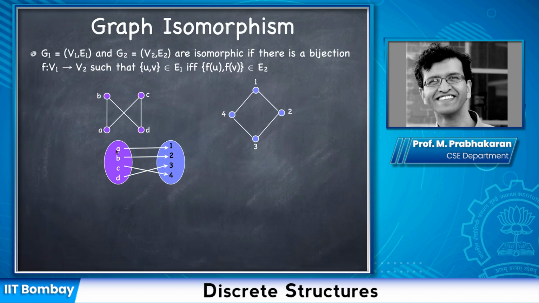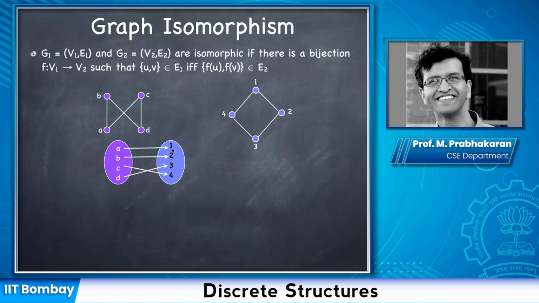So here there is an edge AB. Under the relabeling, it is 1, 2, and indeed there is an edge 1, 2. Similarly, AC becomes 1, 4, and there is an edge 1, 4 here. And BD is 2, 3, and CD is the last edge, that is 4, 3, right?